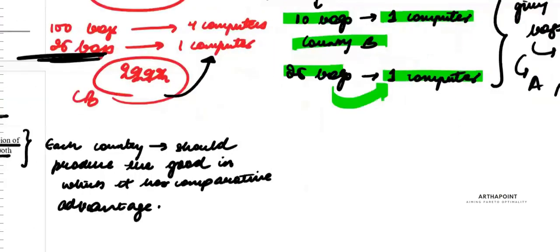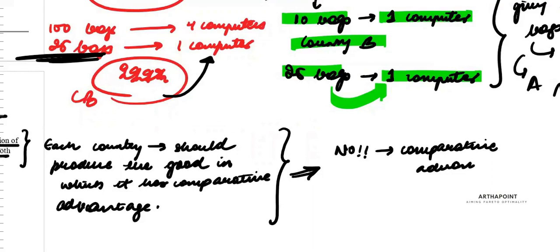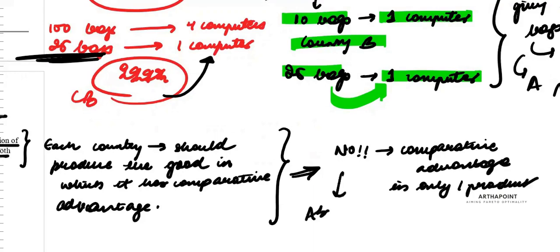The question is, can a country have comparative advantage in both the products? No. It can have comparative advantage in only one product out of the two, but it can have absolute advantage in both products.